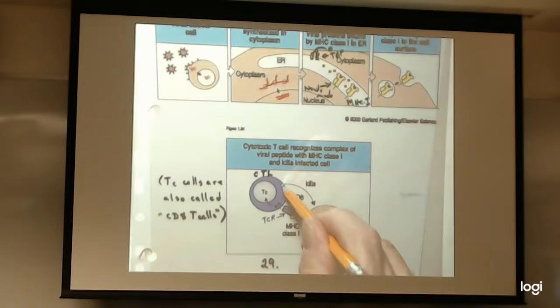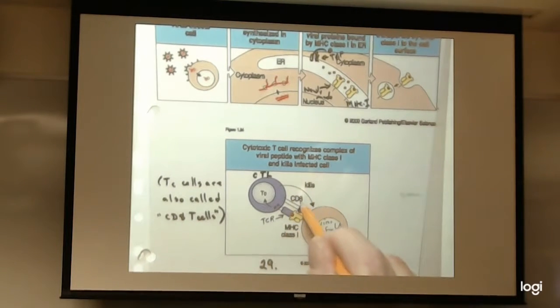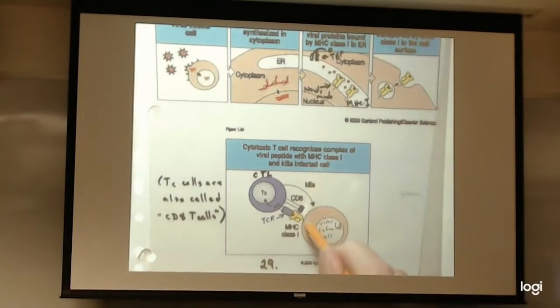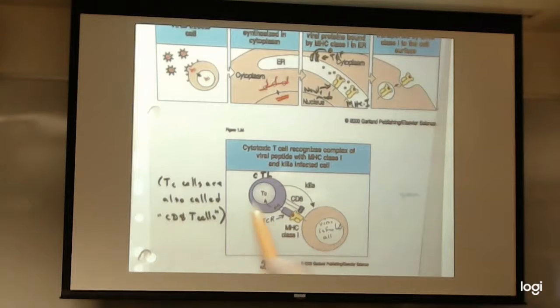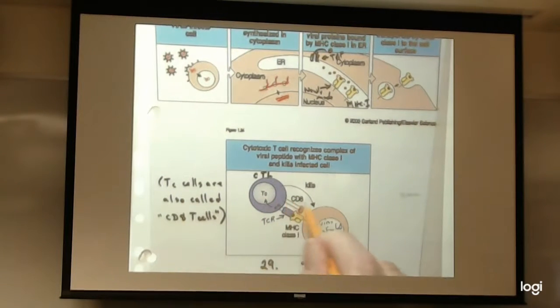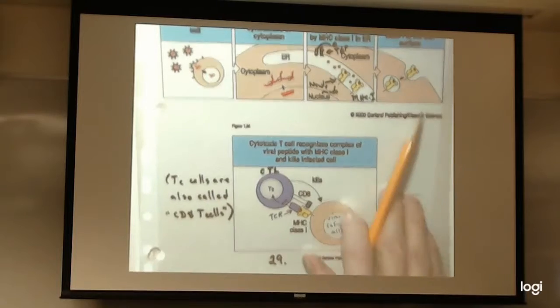Class 2 molecules can't be recognized by CD8. Class 2 molecules are recognized by CD4, and the CD4 protein plays the same role in CD4 T cells. I'm getting ahead of myself. So here's the deal.